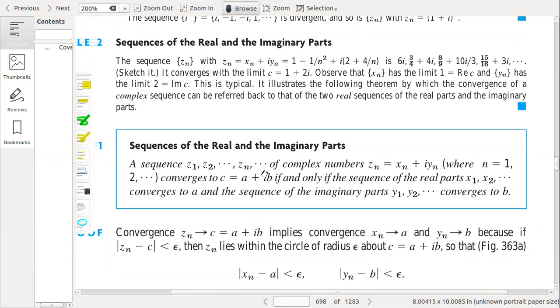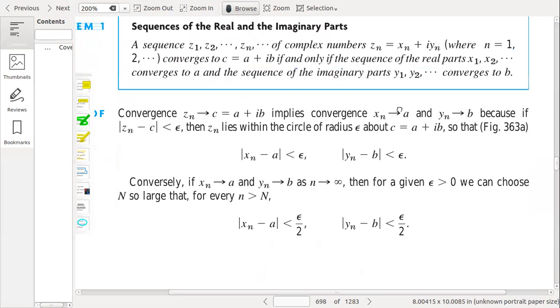A sequence of complex numbers Zn equal to xn plus iota yn, where n is equal to 1, 2, and so on, converges to c equal to a plus iota b if and only if the sequence of the real parts x1, x2, and so on converges to A and the sequence of the imaginary parts y1, y2, and so on converges to B.